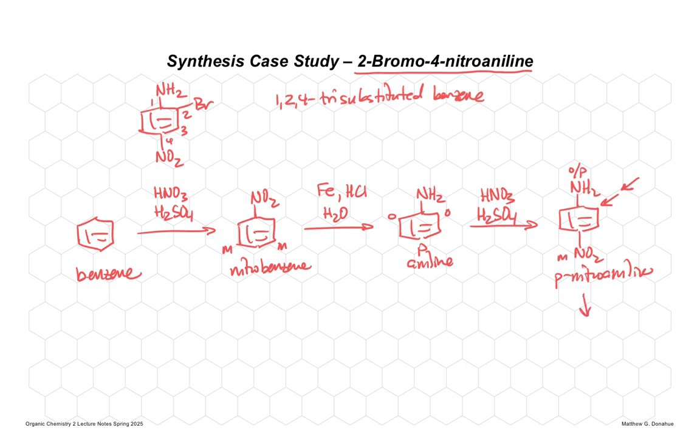So we can finish this synthesis off with bromine and iron tribromide. And we end up with that 1, 2, 4 substitution pattern that is desired.